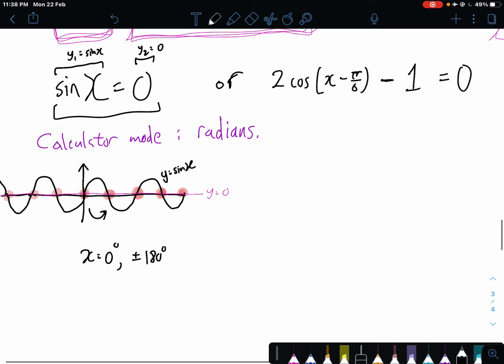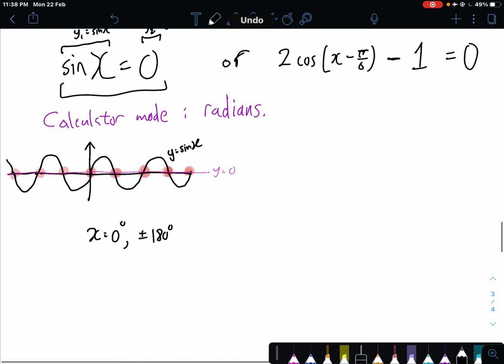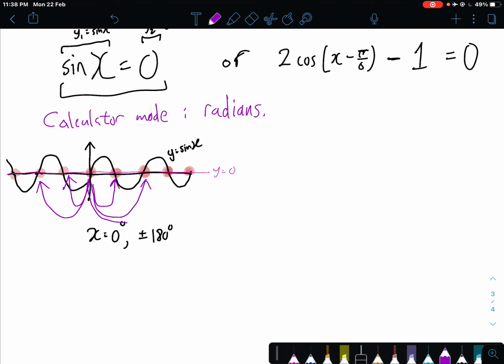Let me use a different color so it's easier to see. Plus 180 degrees or minus 180 degrees. Or from 0, you go plus 360 degrees, minus 360 degrees. This is 1 times 180 degrees, 2 times 180 degrees is 360, 3 times 180 degrees is 540 degrees.